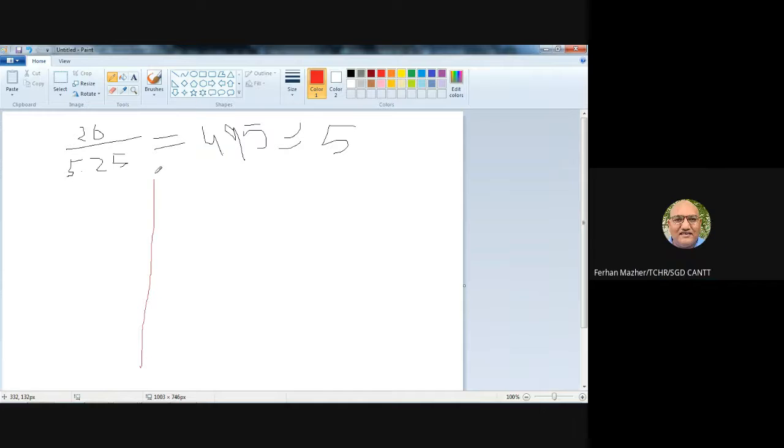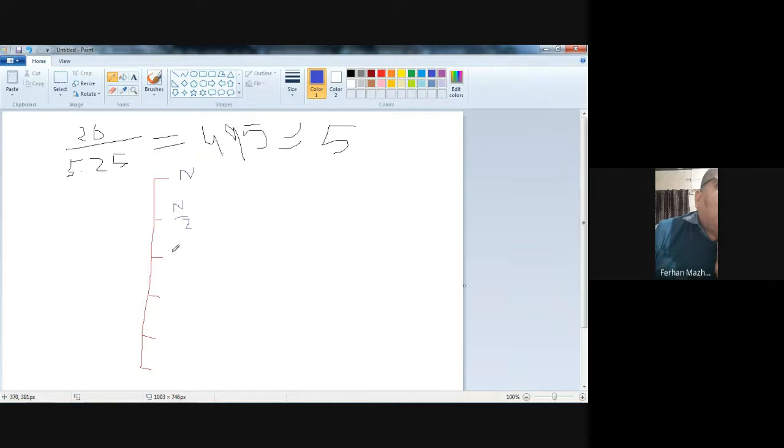If we start from here, 1 half-life, 2 half-lives, 3 half-lives, 4 half-lives, and then we have the 5th. Suppose that the quantity was N at the start. After one half-life, it will become N by 2.